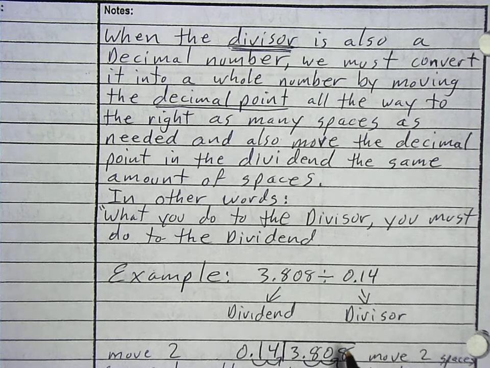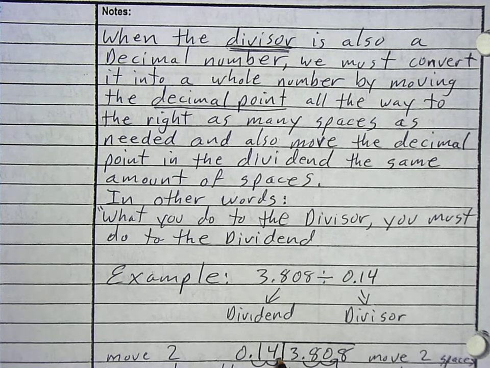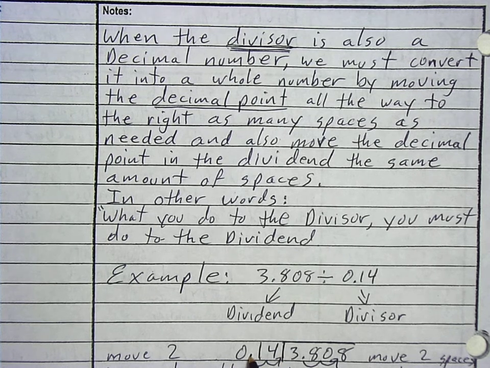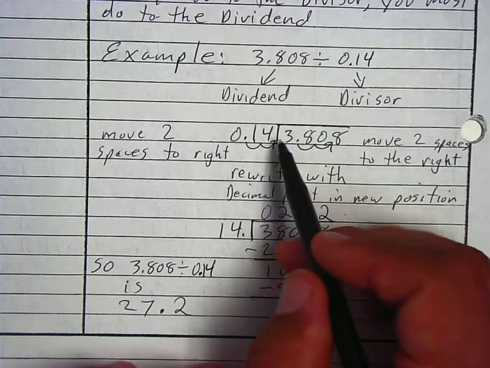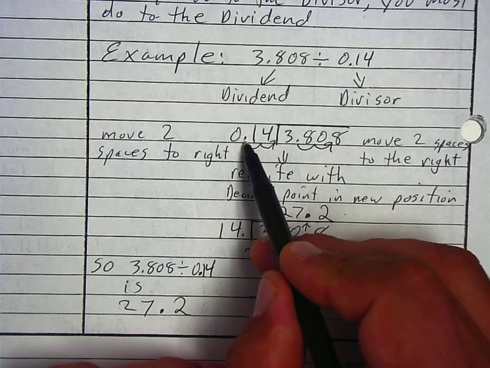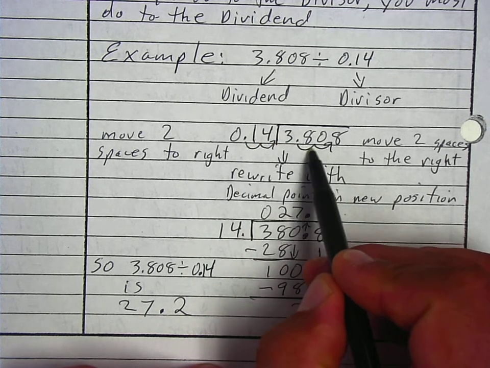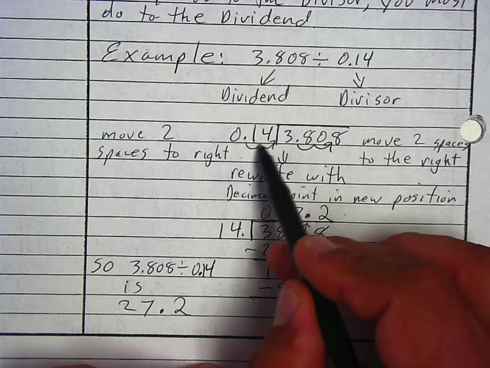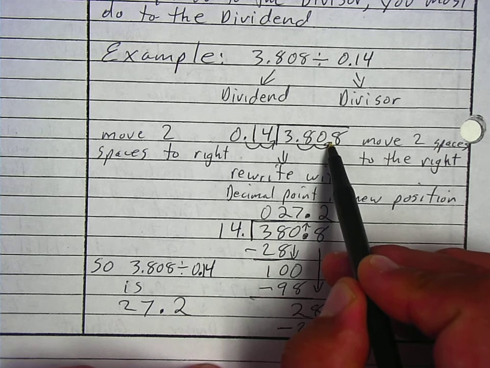Now in this case, your divisor is a decimal, so you must convert it into a whole number by moving the decimal all the way to the right. In this case, we have two spaces to move to the right. Whatever you do to the divisor, you must do to the dividend. So here we moved it twice, then here we must also move it twice, two spaces.